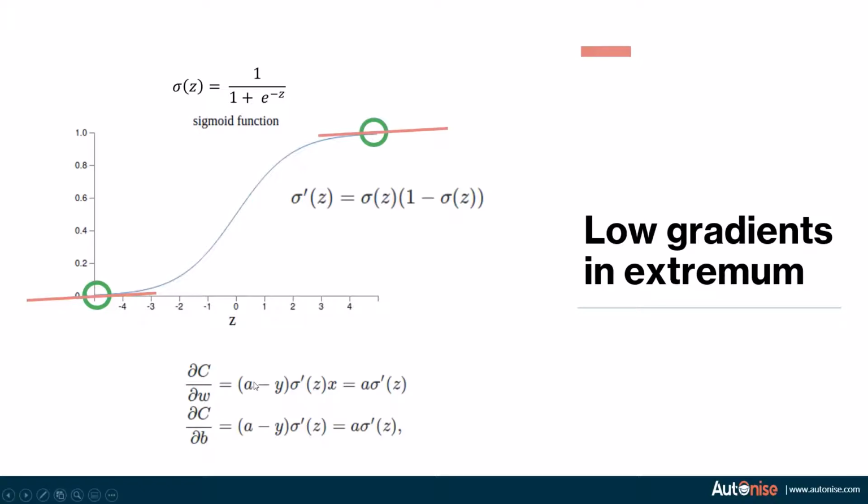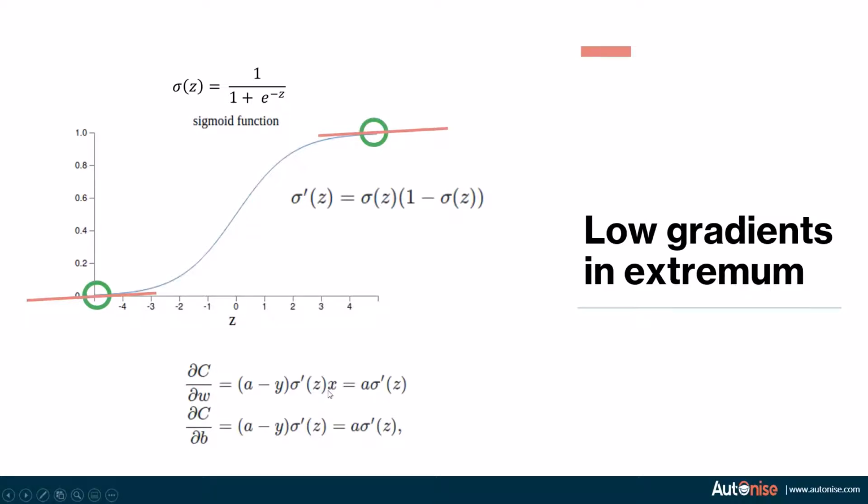A is the sigma of z. So A is the output after applying the activation function. That is why A for activation, and that is equal to sigma of z. Y is our target variable on which we are training our neural network. Sigma dash of z is the derivative of the sigma function with respect to z.